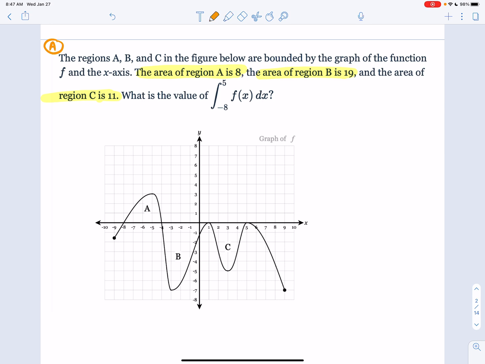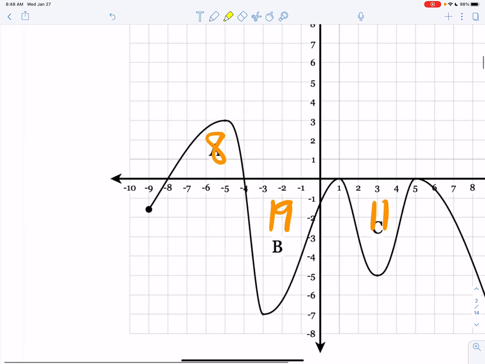So here's what you guys do. You put in your picture. So this is 8, 19, and 11. Now, what they don't tell you is you have to understand what it implies. So notice how 8 is above the x-axis. So you know that that is a positive area, okay?